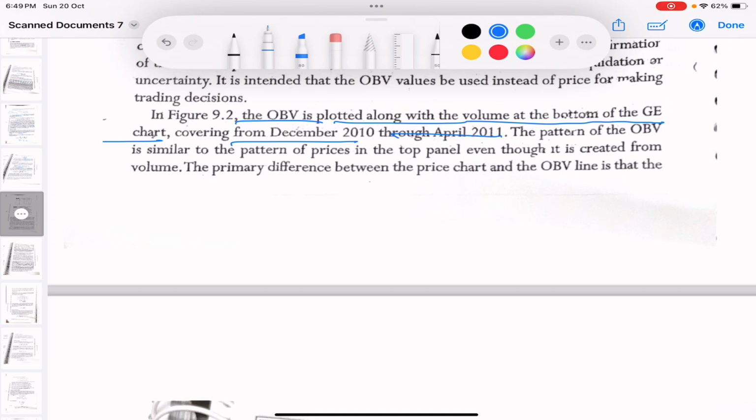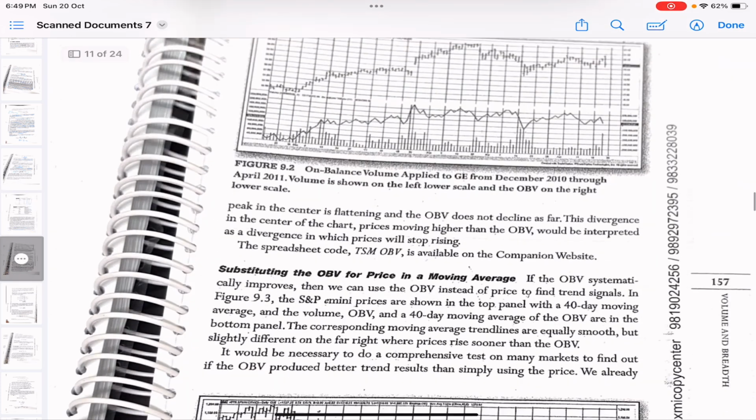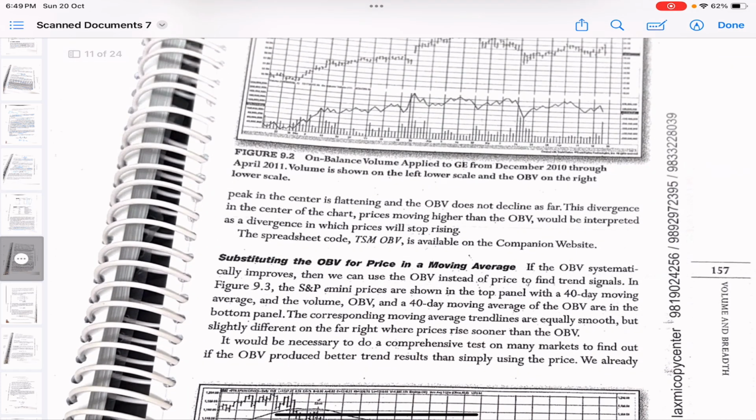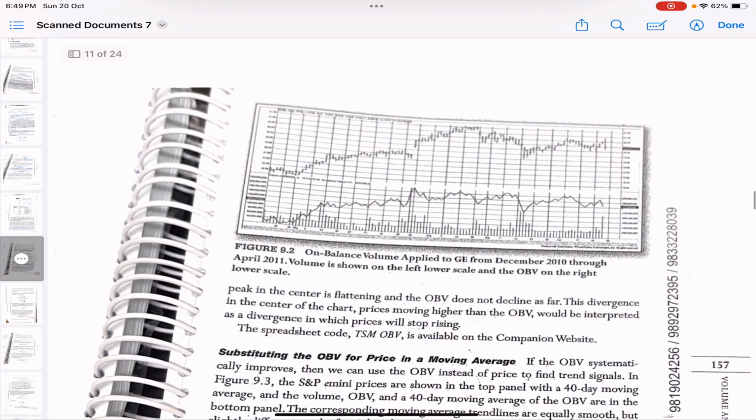The pattern of OBV is similar to the pattern of the prices in the top panel, even though it is created from volume. The primary difference between the price chart and the OBV line is that the peak in the center is flattening and the OBV does not decline as far. The divergence in the center of the chart, prices moving higher than OBV, would be interpreted as a divergence in which the price will stop rising.